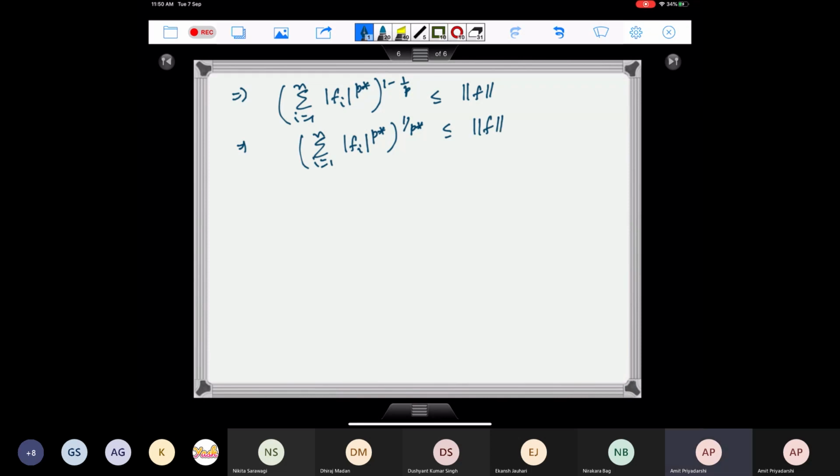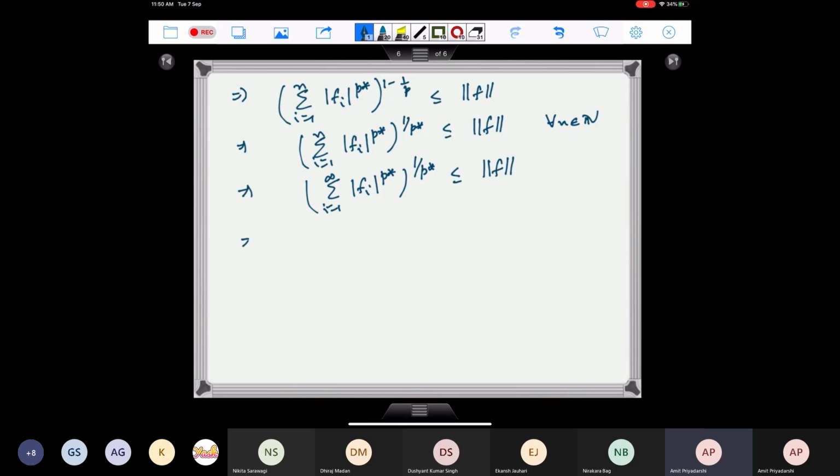This is true for every n in N. So this implies summation mod fi to the p star, i equal to 1 to infinity, raised to power 1 by p star, is less than or equal to norm of f.